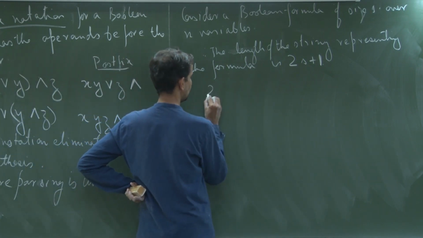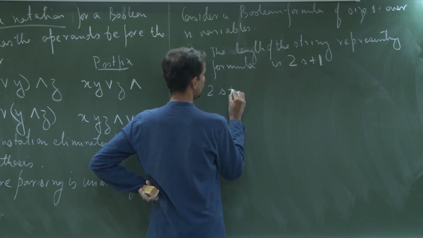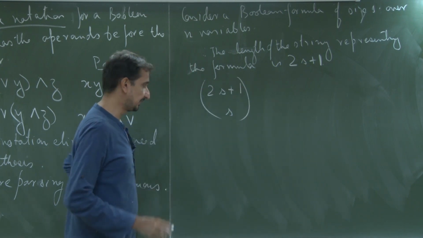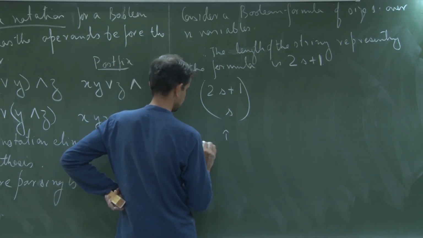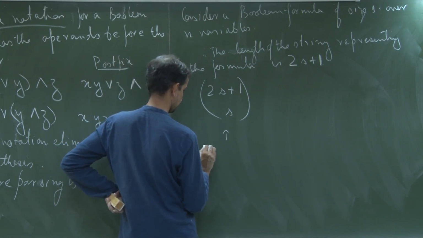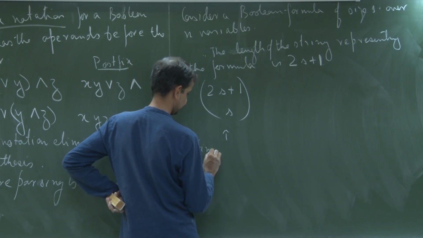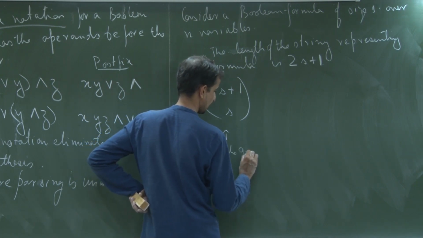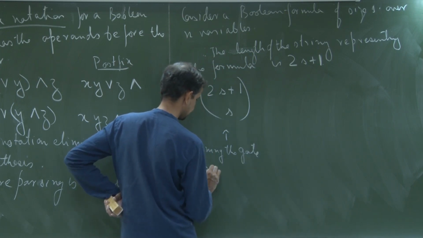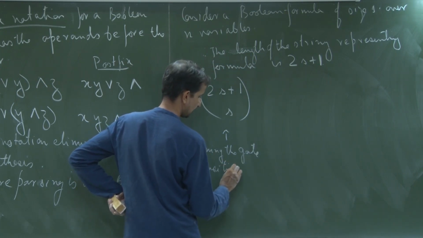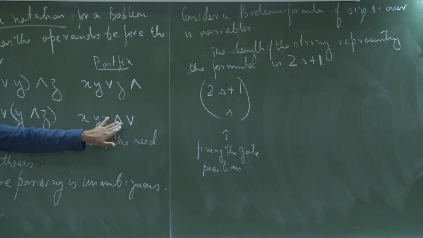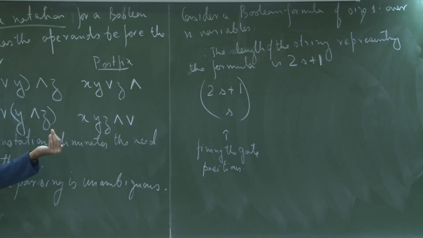So, I have a total of 2s plus 1 choose S possibilities. So, this is fixing the gate positions.